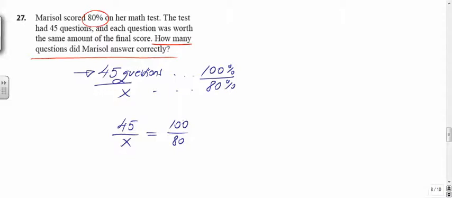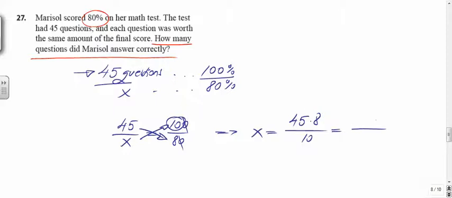Now, first of all, you can simplify here by 10. We can move on by simplifying again by 2, or you may say X will be the product of the other diagonal, 45 times 8, everything divided by the number that's on the same diagonal with X, which is 10. I left it like that because dividing by 10 is really easy. 8 times 5, 40. 8 times 4, 32, plus 4, 36.